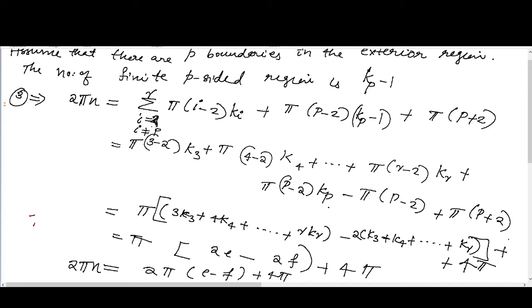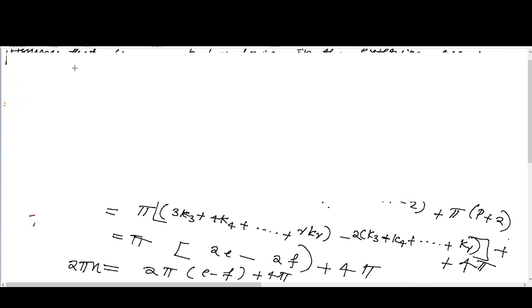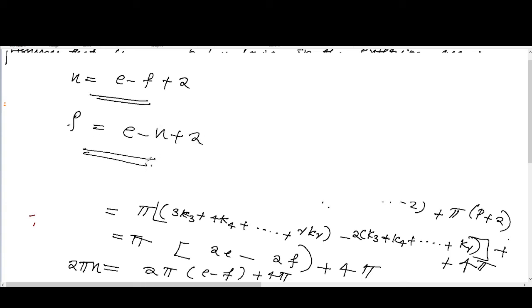So after the cancellation of 2 pi, we will have n is equal to e minus f plus 2, or f is equal to e minus n plus 2. And this completes the proof of the theorem. Okay.